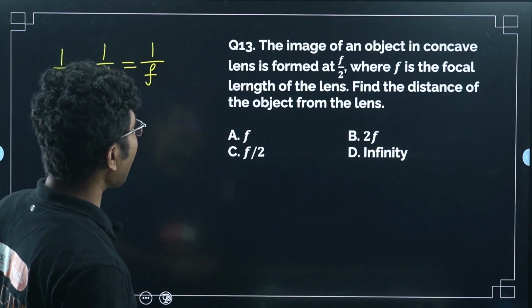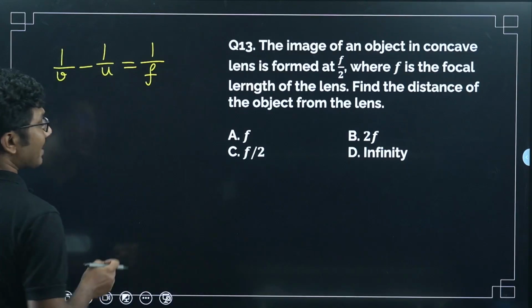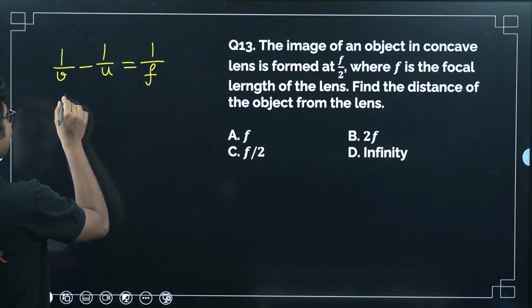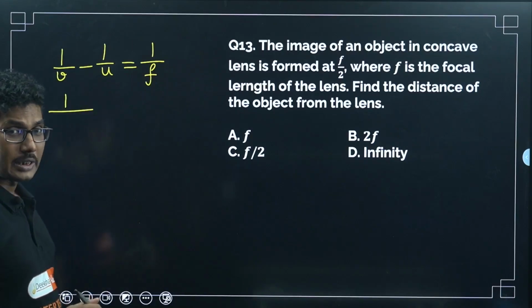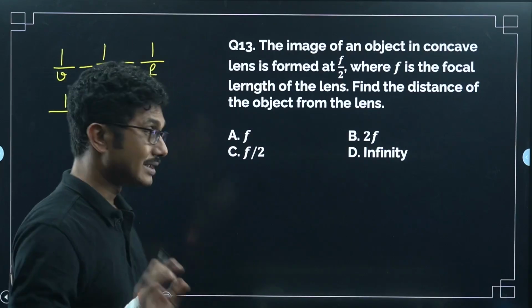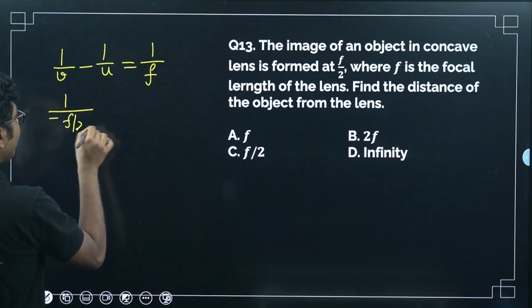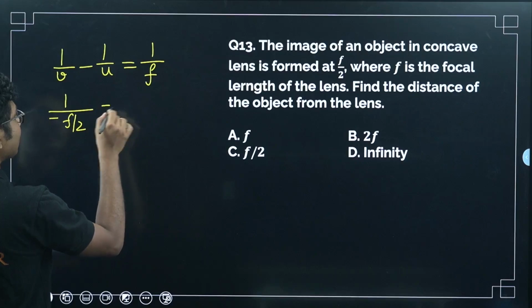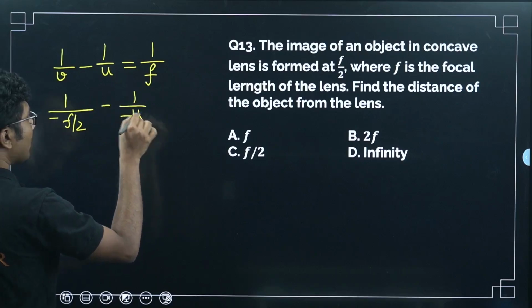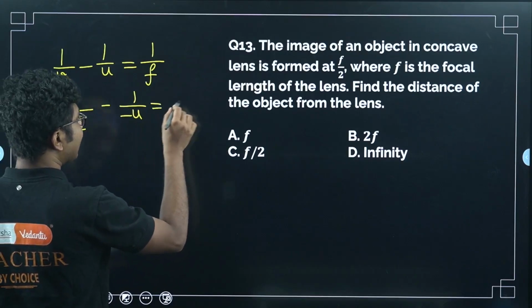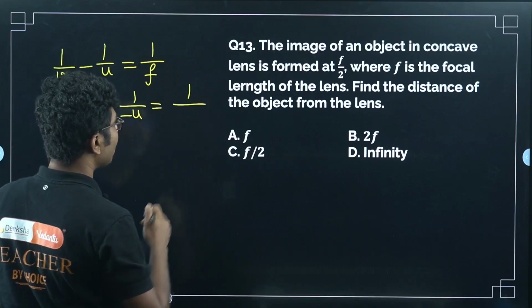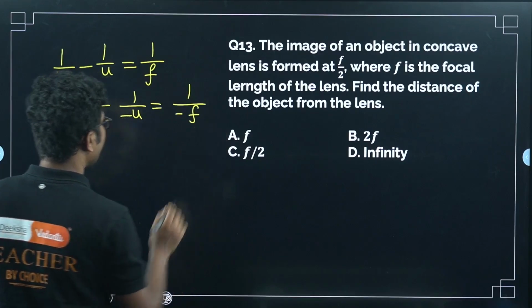Image is formed at f by 2, which means image is formed on the same side as the object for a concave lens, not concave mirror, concave lens, right? So image distance should be negative, minus f by 2. Object distance is also negative, minus u. Focal length should also be negative, minus f, right?